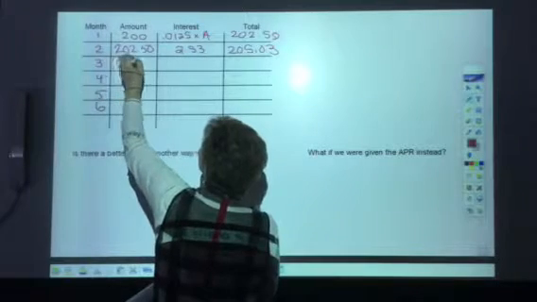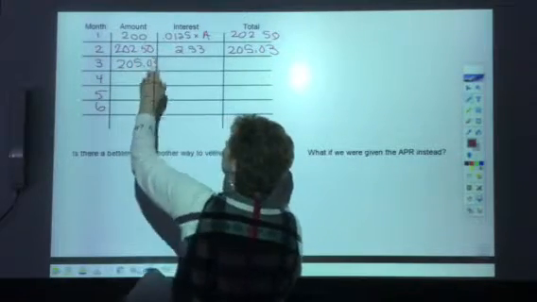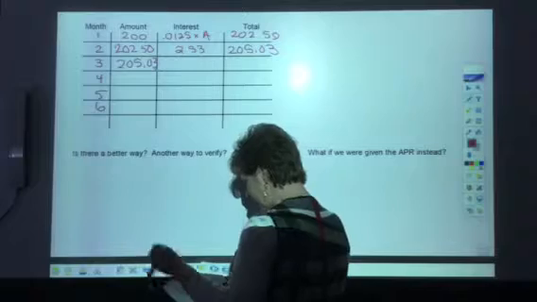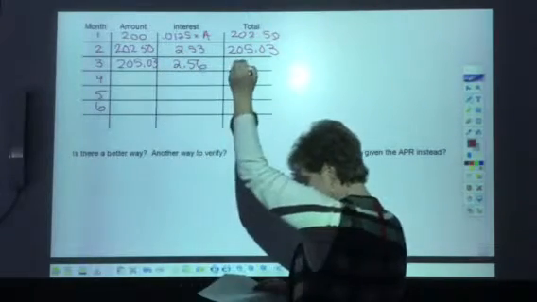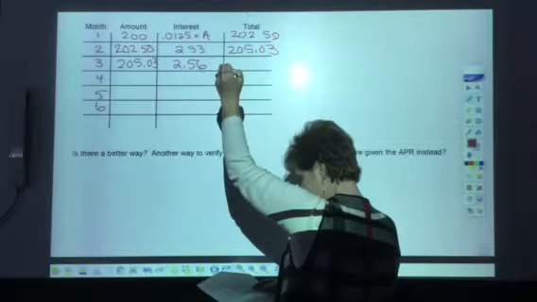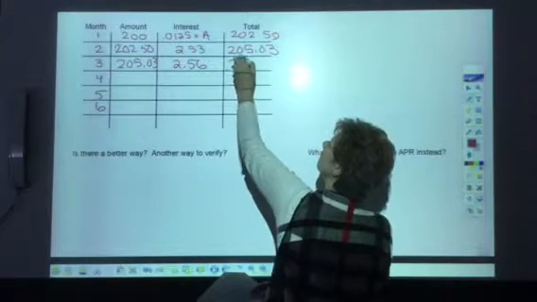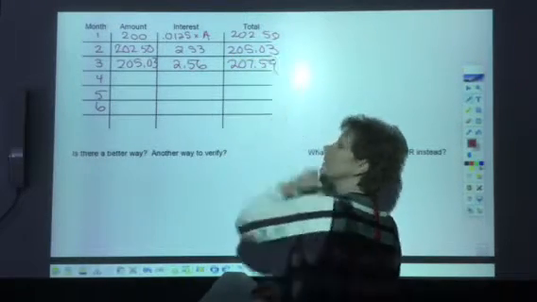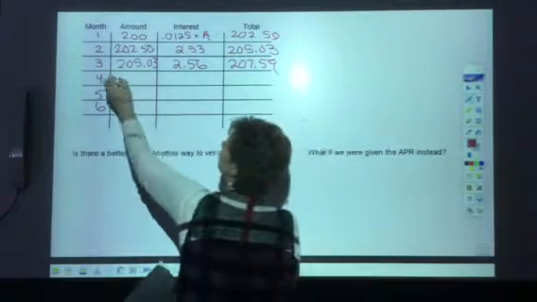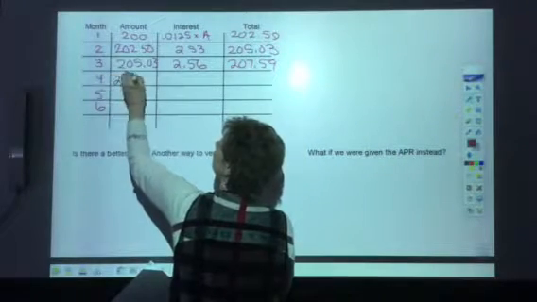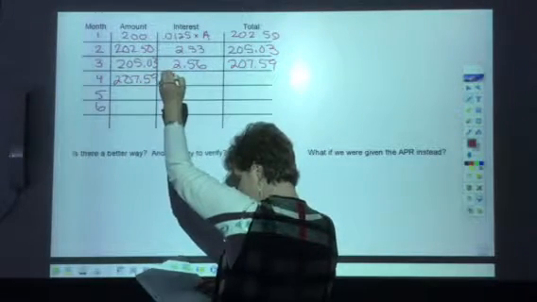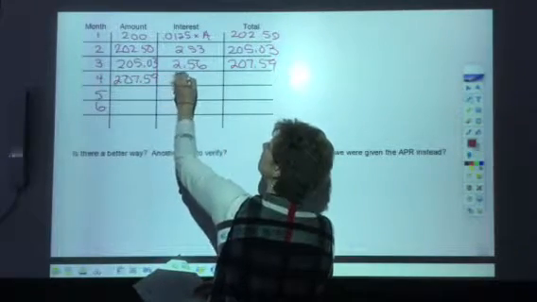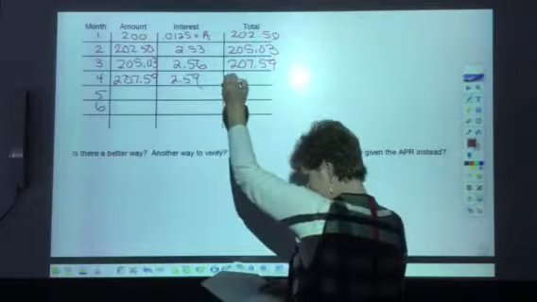So we start with 205. We multiply again by the interest rate, and we're now up to 2.56, which gives us a grand total of 207.59. That carries into the 4th month, and we get 2.59 added on.